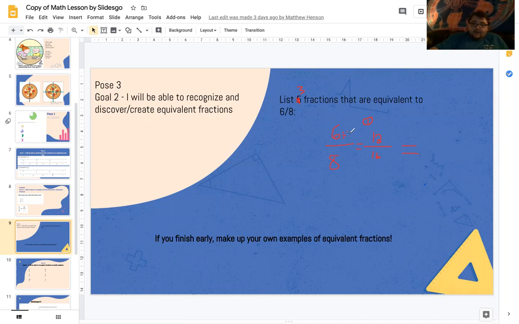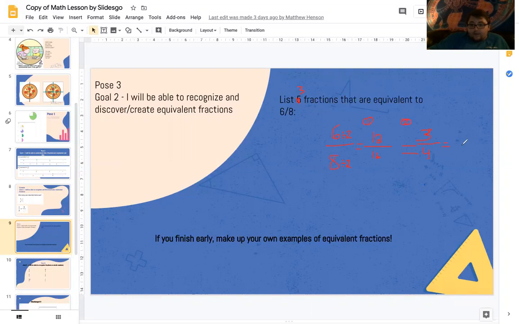So that's something you have to check, is make sure that the number you're dividing by can actually go into those numbers. Luckily, 2 goes into 6 and 8. So 6 divided by 2 equals 3. And 8 divided by 2 equals 4. So 6/8 is equivalent to 3/4. So that's another way I found one. And then I'm going to find one more.